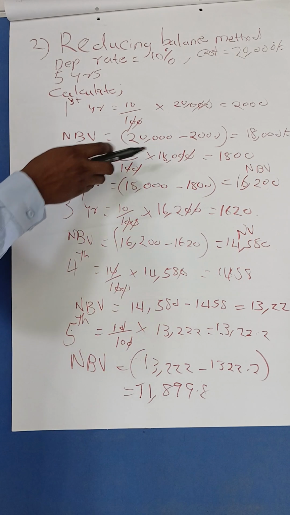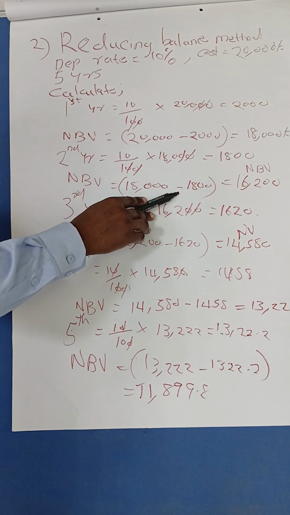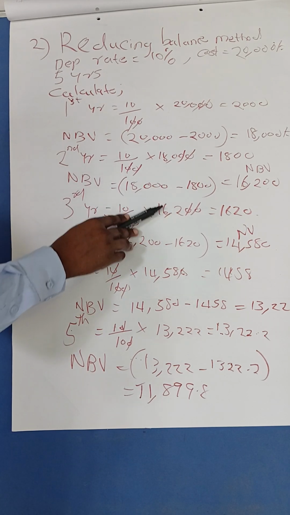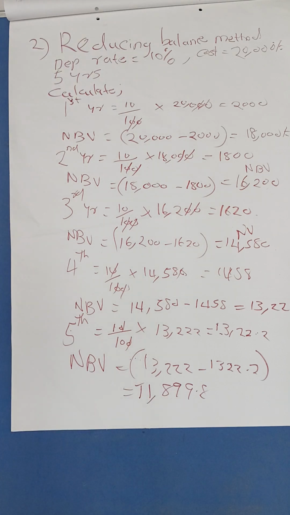You see the original, in the straight line method, the cost was remaining constant. But here it kept reducing until the last year. So that is how the reducing balance method applies. You keep on reducing the cost as you calculate the depreciation for each year.